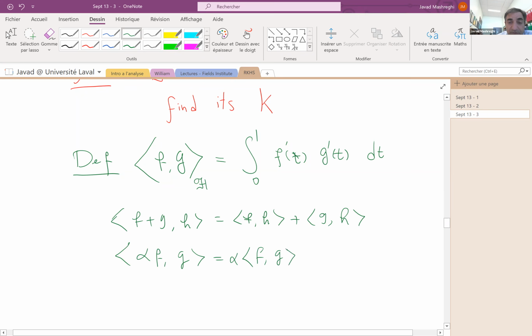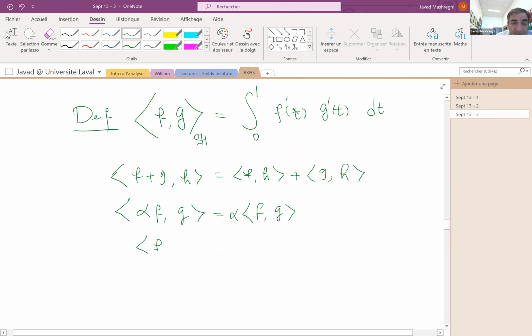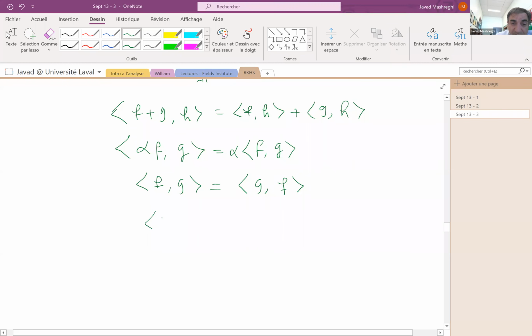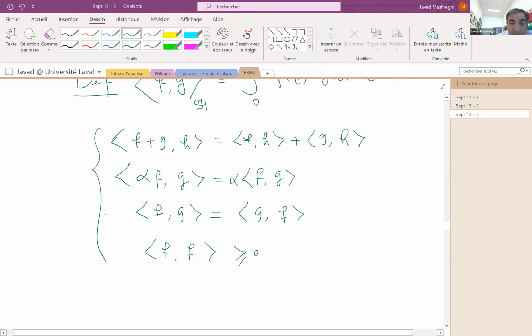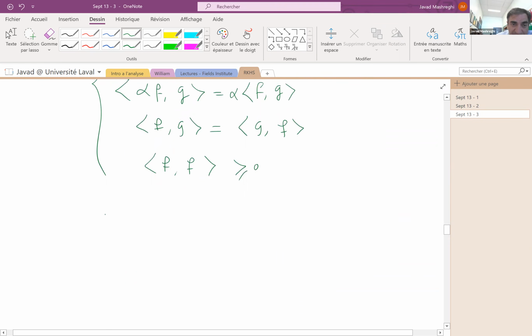That's also elementary. Trivially, the inner product of f and g is the same as g and f, still elementary. And also the inner product of f and f is positive because it's the norm of a function squared. What needs a bit of attention is why, if the inner product of f with f is 0, f is identically 0. Why?